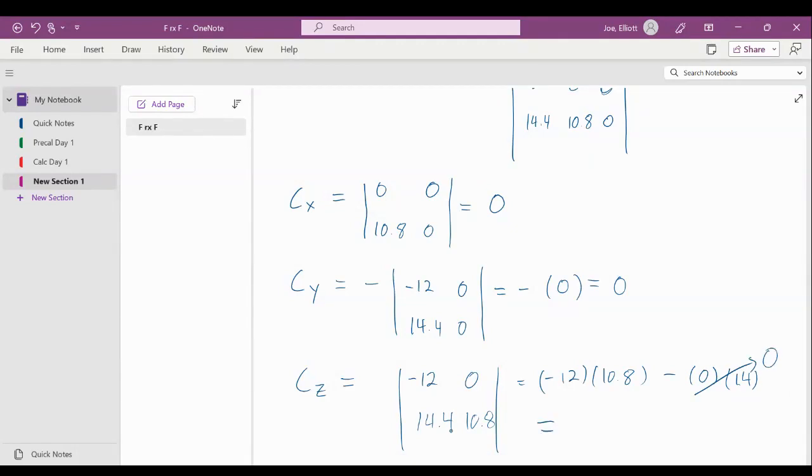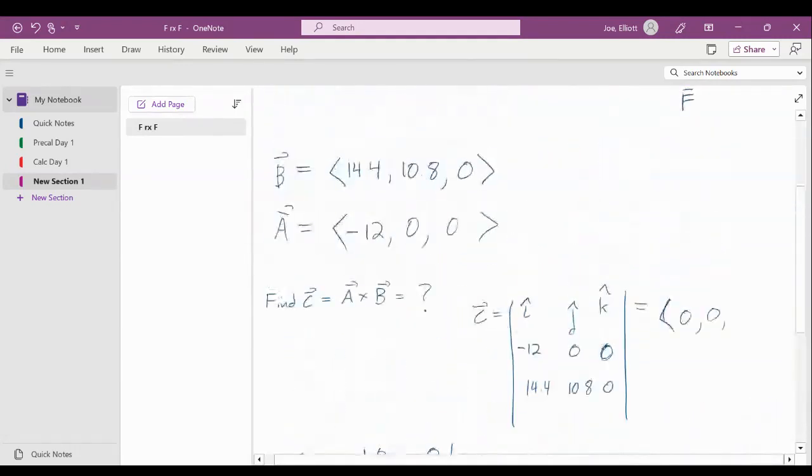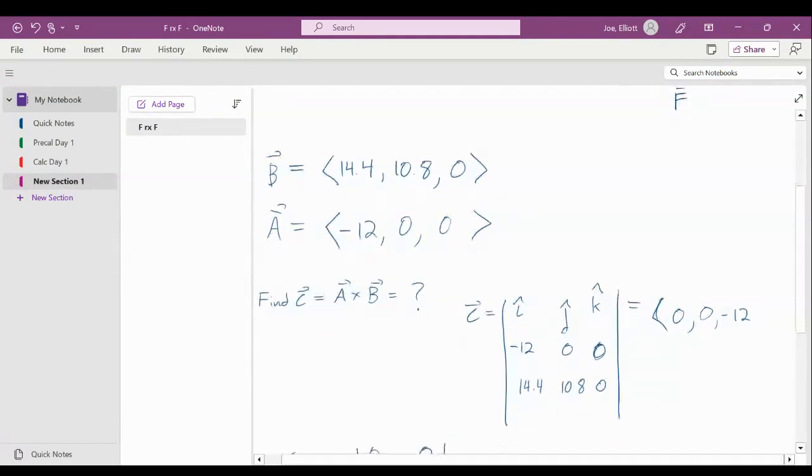So we get, my calculator. Yes. I'm just going to go ahead and call it 130.